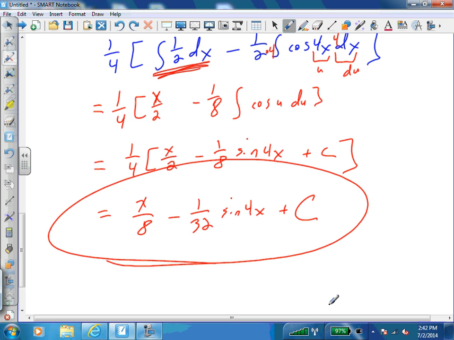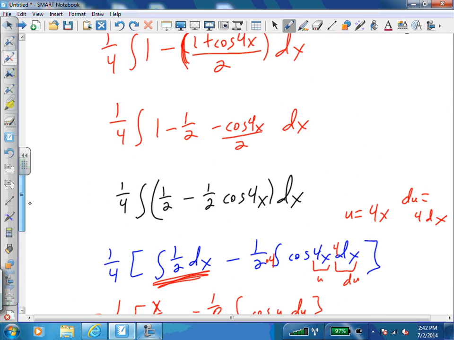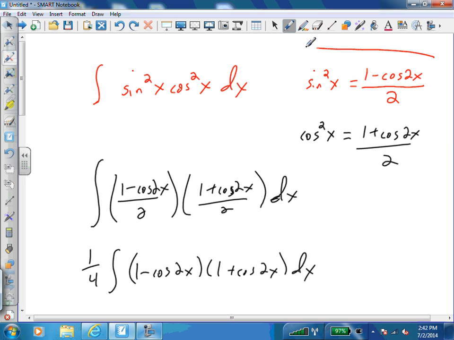That's messy. But if you have an even power for both sine and cosine, or if you just have one of them, just sine or cosine with an even power, then we're going to have to utilize at least one of those identities.